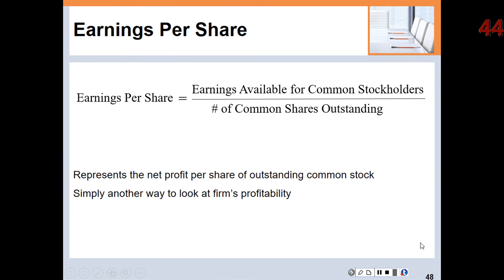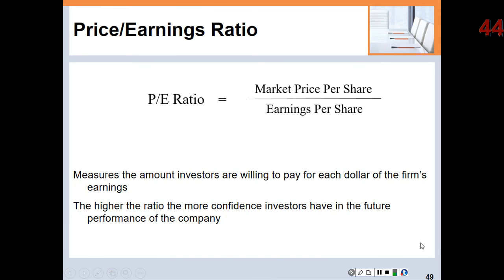Okay. The next ratio, the price-earnings ratio, or sometimes we refer to it as simply the PE ratio. It's equal to the market price per share divided by the earnings per share. So for our company, first of all, we have to have the market price per share.